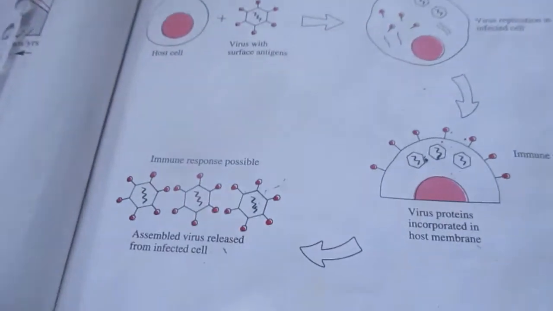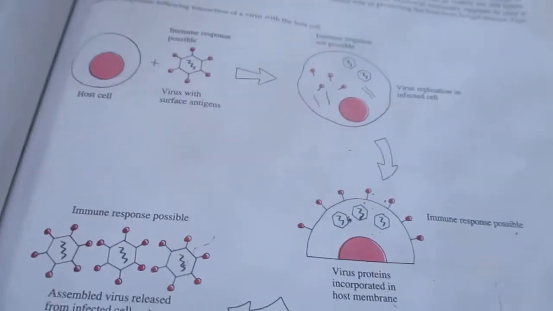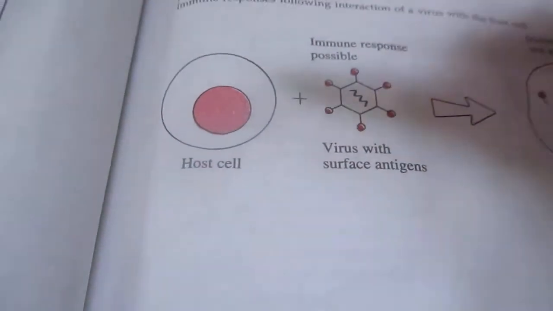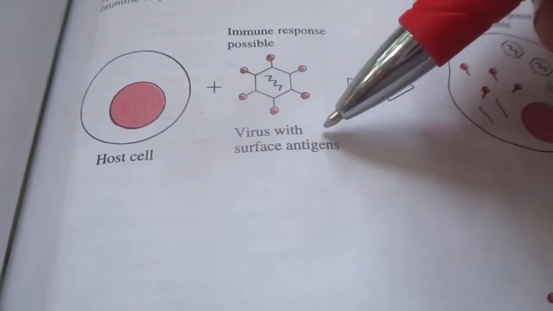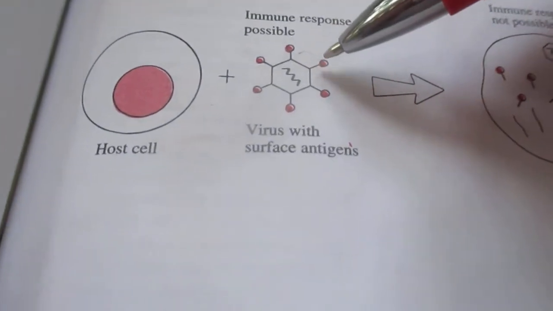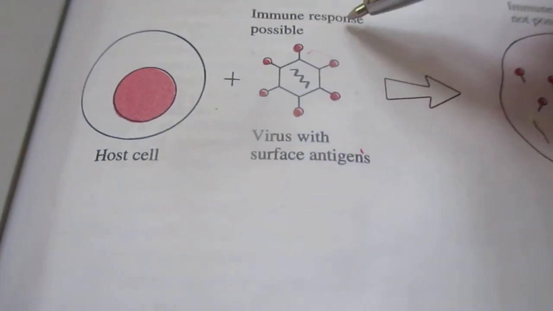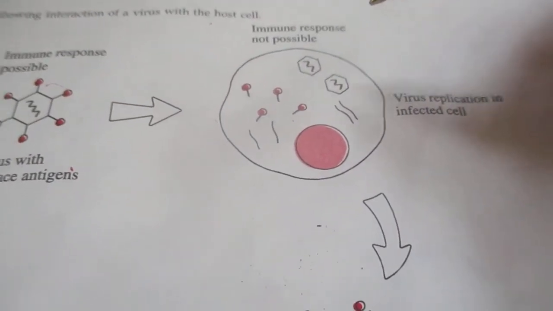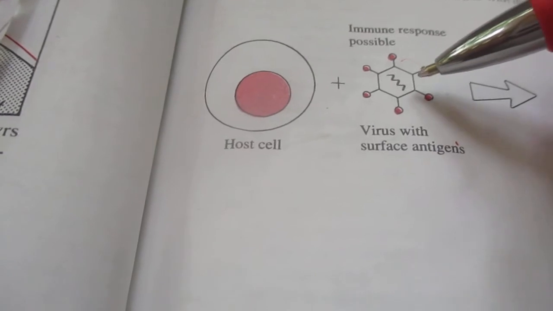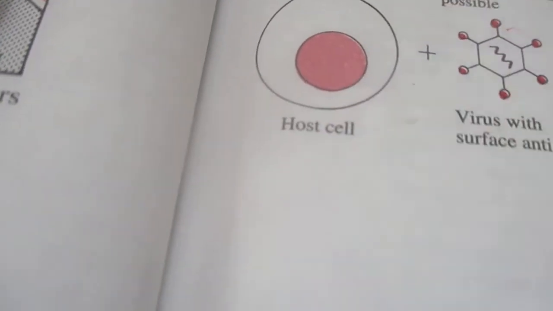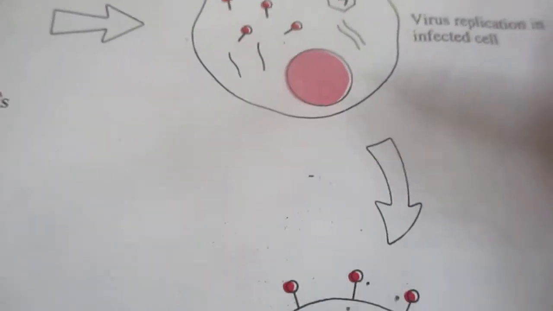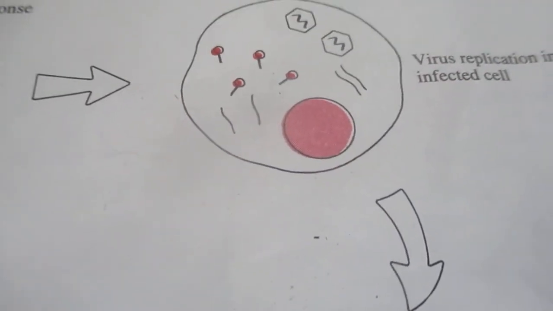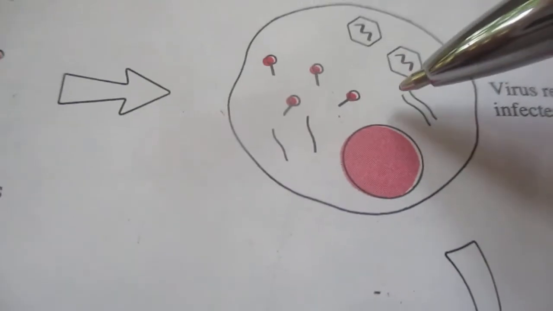Here we have a nice schematic of a host cell, and then here's a virus with surface antigens. Okay, immune response is possible. Now, once the virus goes inside the cell, like we have here, immune response is not possible. Virus replication is inside the infected cell.